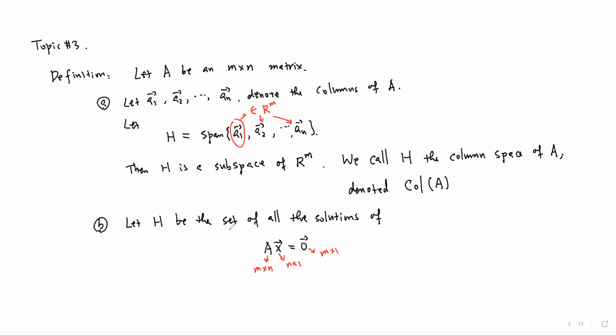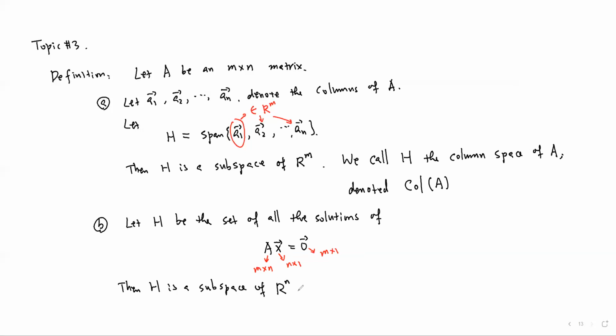Let H be the set of all the solutions of this equation. Then H is a subspace of, this time, R^n, because a vector in H is in R^n.